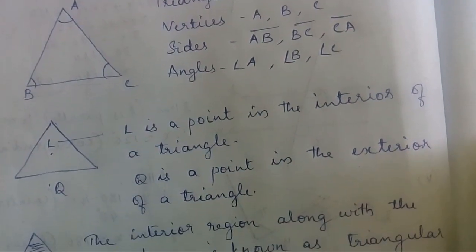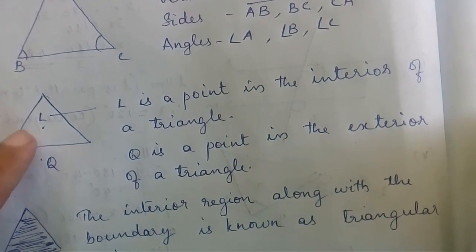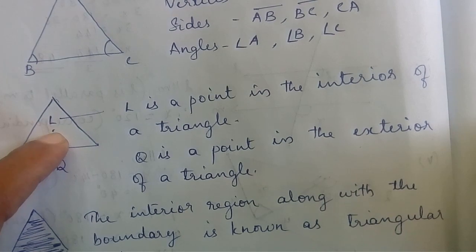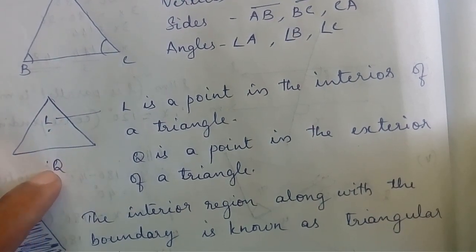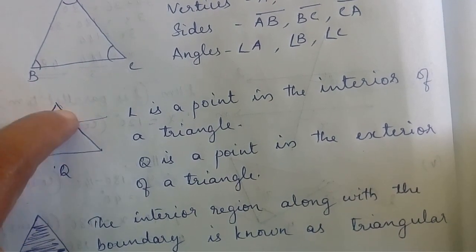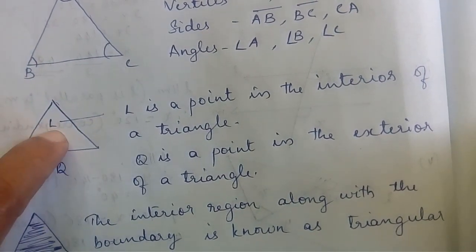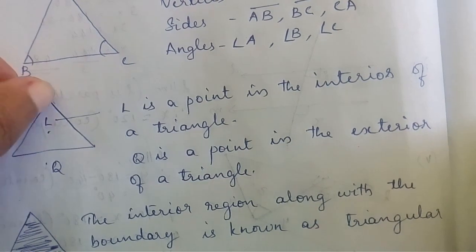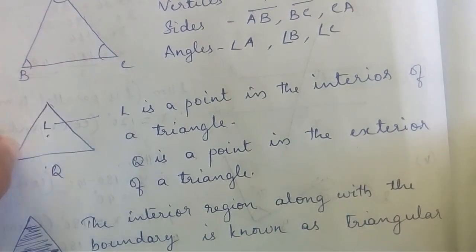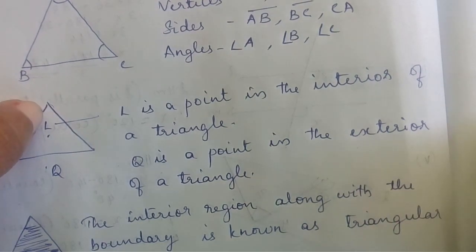Clear? Now we can see the interior and exterior of a triangle. Just to see, one dot I gave in the interior of the triangle and another point Q in the exterior of the triangle. Okay, these are interior part and exterior part. Only this closed figure, that is closed line segments, are called the triangle.